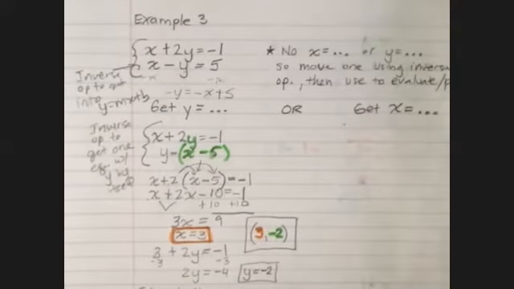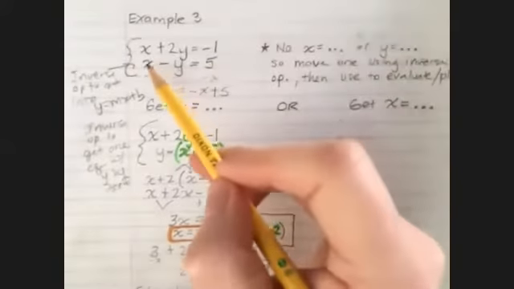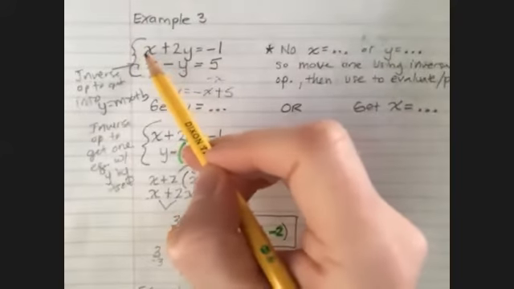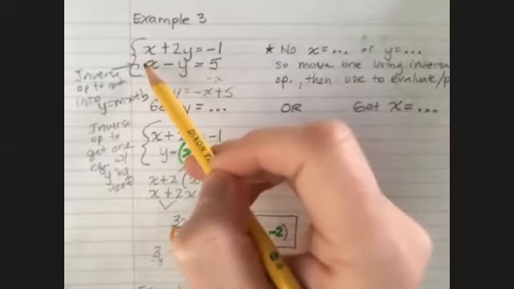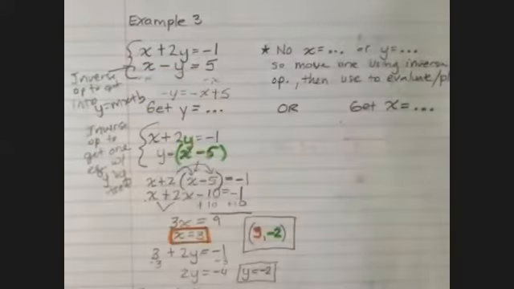So let's just say you notice looking at this problem that there was no slope or any number connected to the x. That means it's going to be a lot easier to get x by itself in order to plug in.